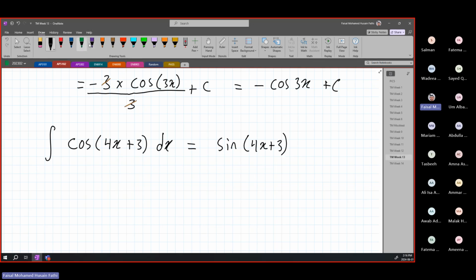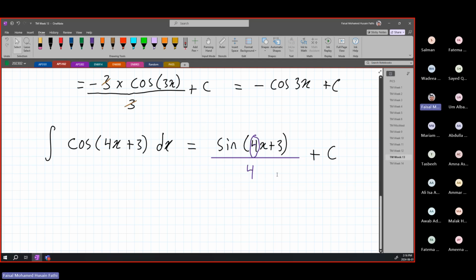But again, you will only divide by the value multiplied by x, so it will be divided by 4, plus c. This is the only value that you will be dividing by, the 4 in this case. The 3 has no effect at all because it's a constant value. The thing multiplied with your variable is going to be the divisor.